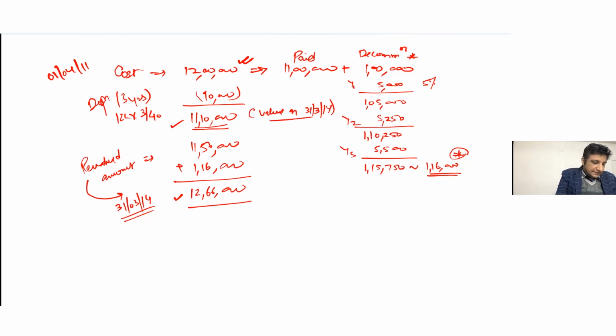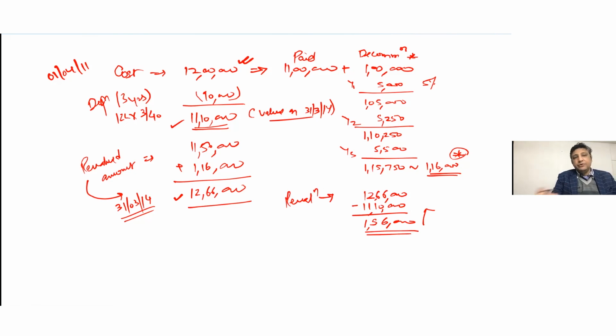What does it mean? It simply means that I need to do the first revaluation from 11,10,000 to 1266, which would be 1,56,000. It's a revaluation upward, so we will be doing that accounting as well.